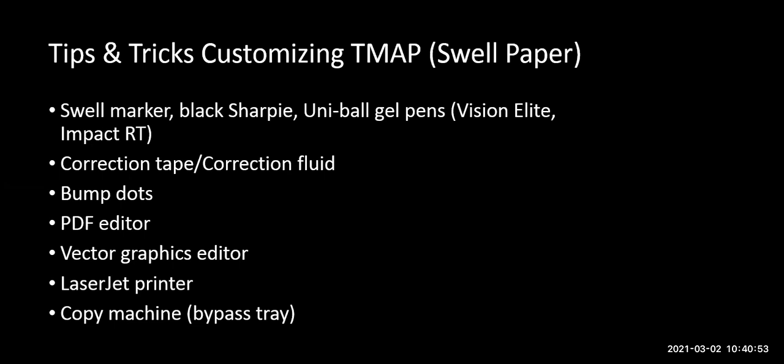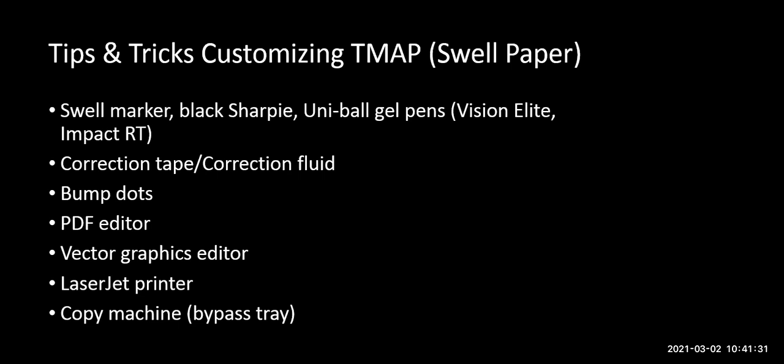A couple of tricks and tips that we've learned along the way: using something like a swell marker or Sharpie or even Uniball gel pens specifically to highlight maybe a main street or to mark X's on the map, using correction tape or correction fluid to eliminate extraneous lines, and noting that a swell marker or correction tape should be used prior to swelling, okay?